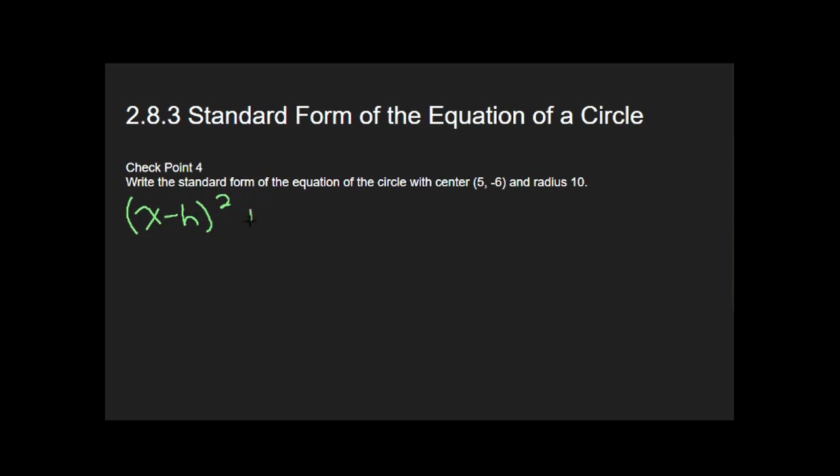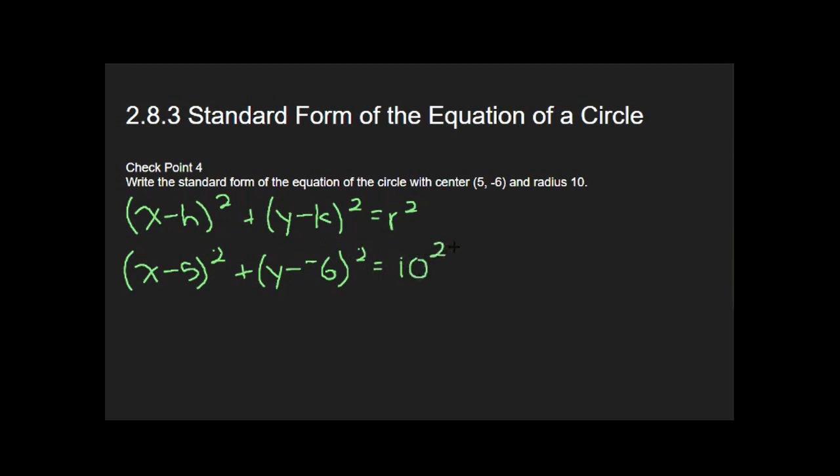X minus h squared plus y minus k squared is equal to r squared. We'll plug in x minus 5 squared plus y minus -6 squared is equal to 10 squared. Simplify.